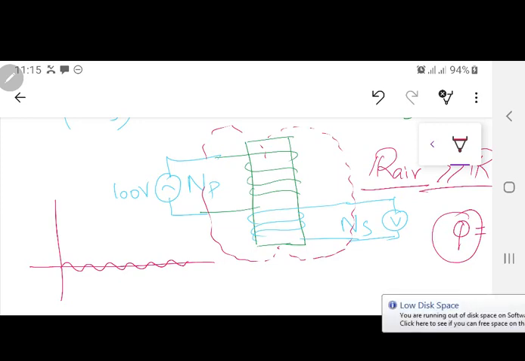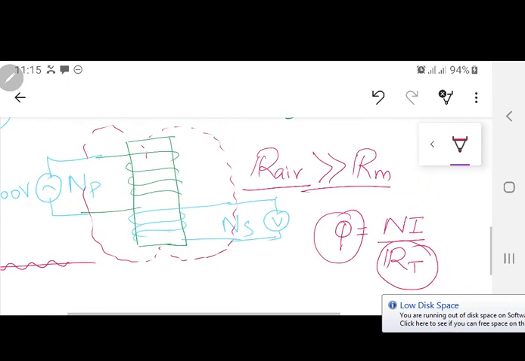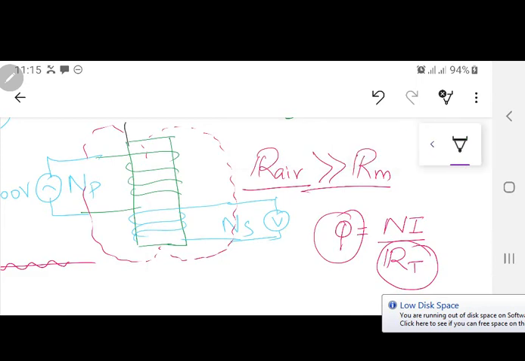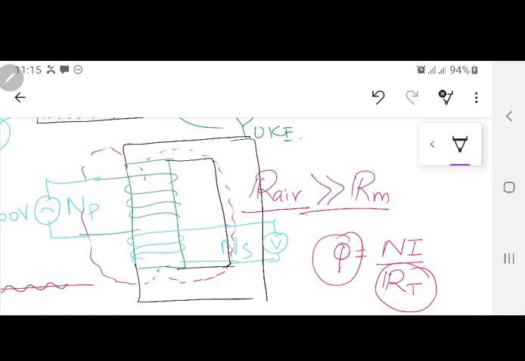Why can it not work? Because there is no flux completion path available from a very good material which can allow the flux to flow easily. If you want to make this into a transformer, the only way is to somehow complete the flux path through some material having relative permeability greater than 1, something like 100, 1000, 2000.